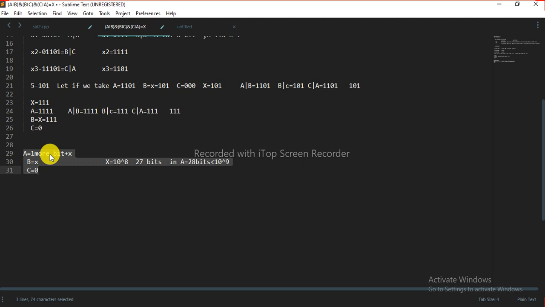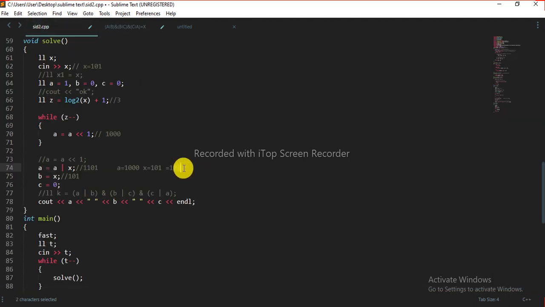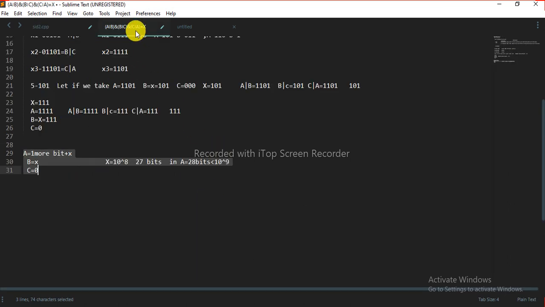A is basically one more bit added to the left side of x. Since x is 101 and we are adding one more bit, it will be 1101. We are taking b as x only, and c as 0, and now we will print a, b, c. So this is the code. I think this is very short code, and I think you must have understood it.